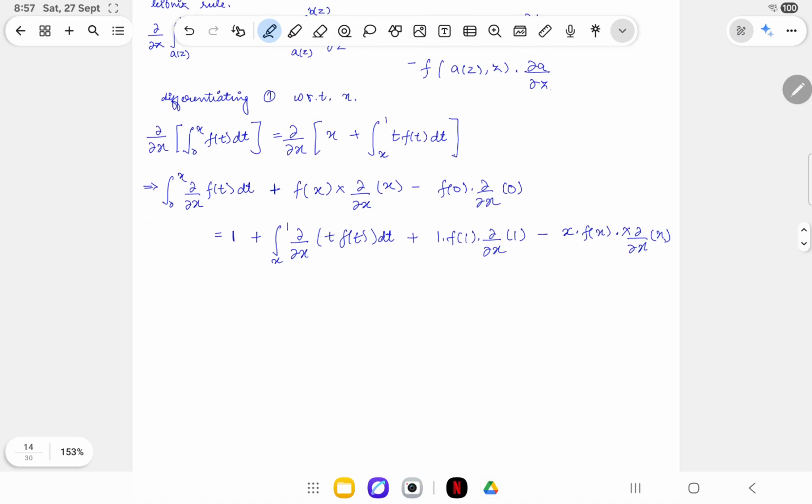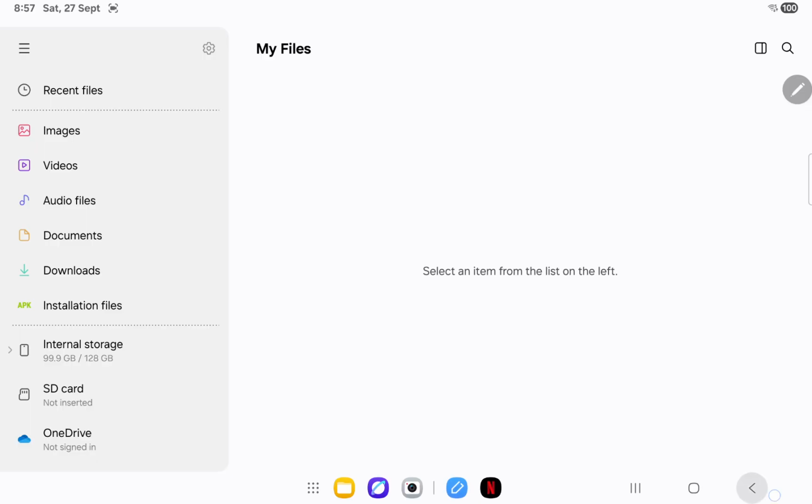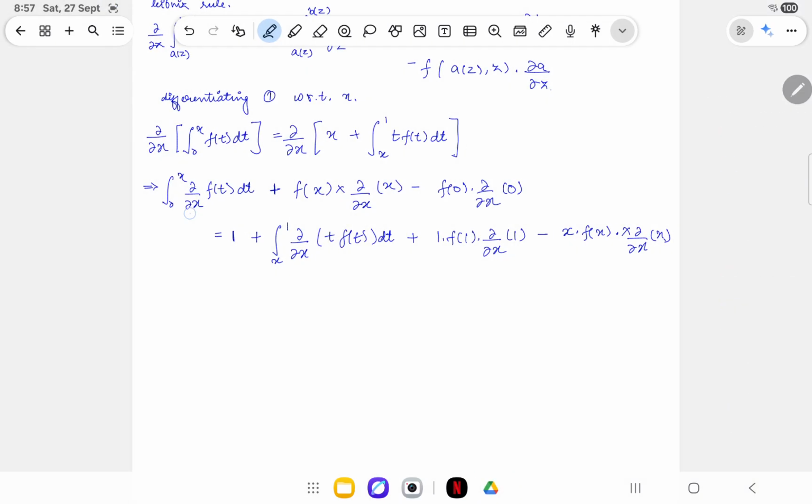Since our function is only in one variable t, its partial derivative with respect to x will be 0. So this term reduces to 0, plus f(x) into the partial derivative of x, which is 1, minus f(0) into the partial derivative of 0, which is 0.